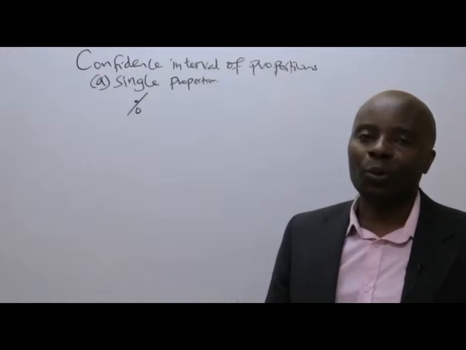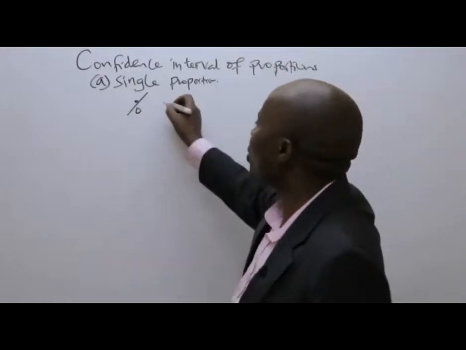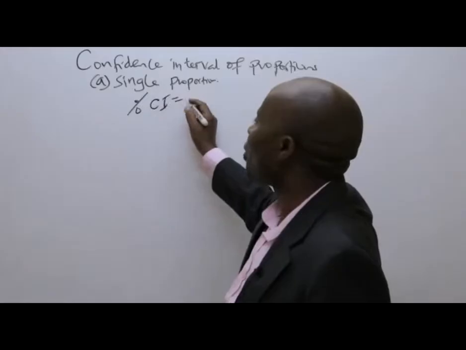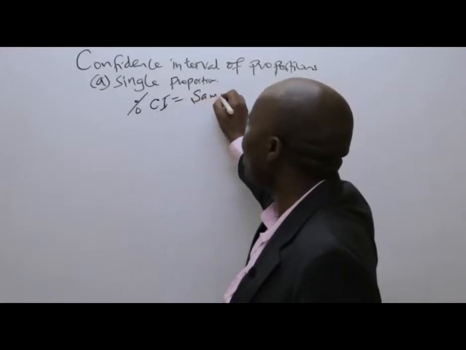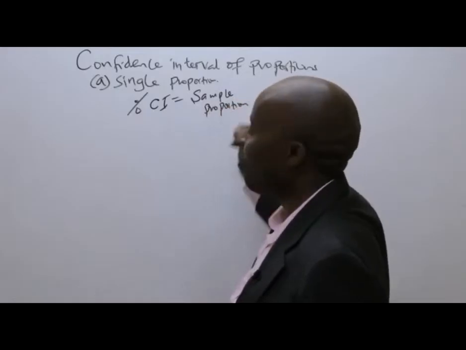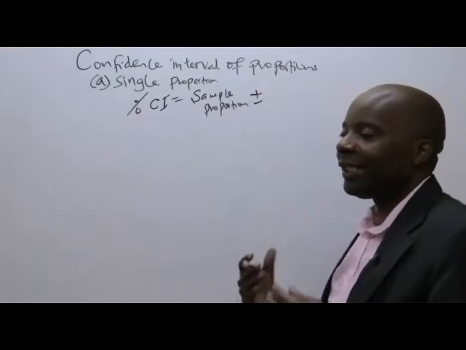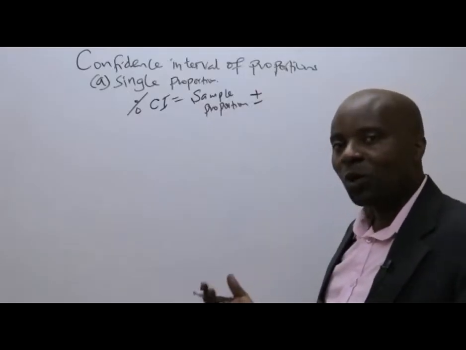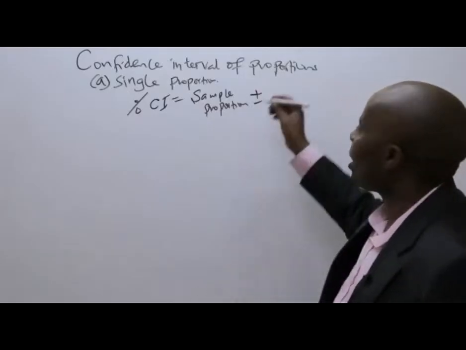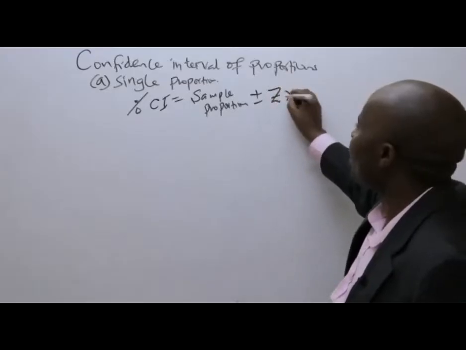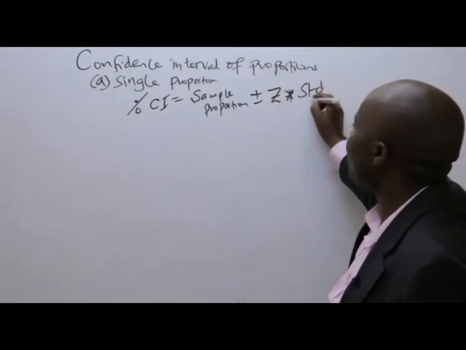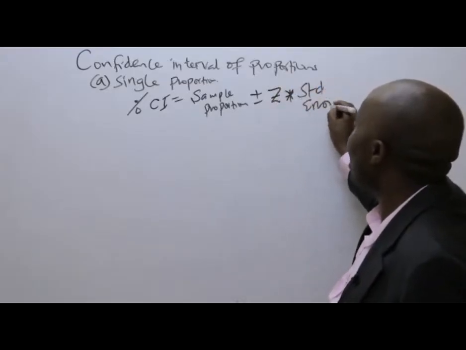A single proportion percentage confidence interval will be equal to the sample proportion plus or minus the test statistic. For now, we are looking at large samples, so the test statistic will be Z. So Z times what we call the standard error.